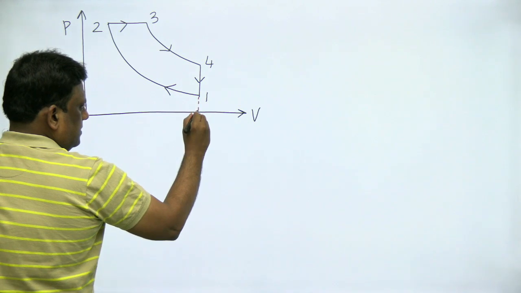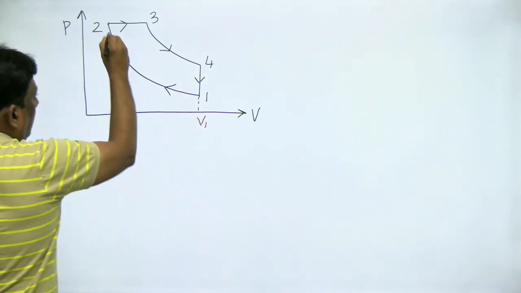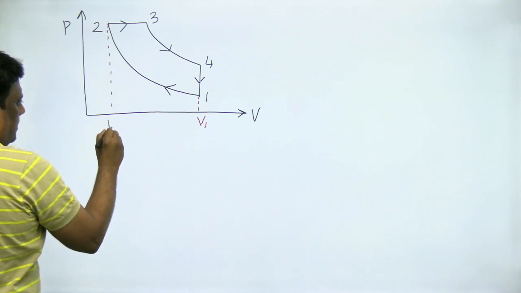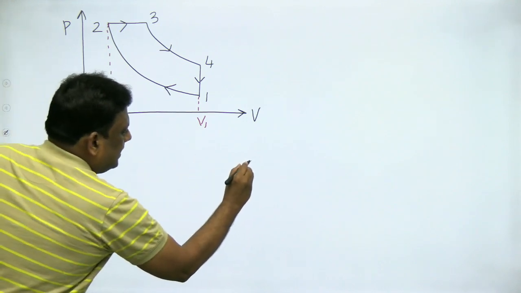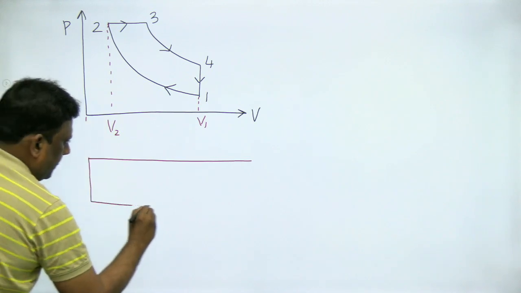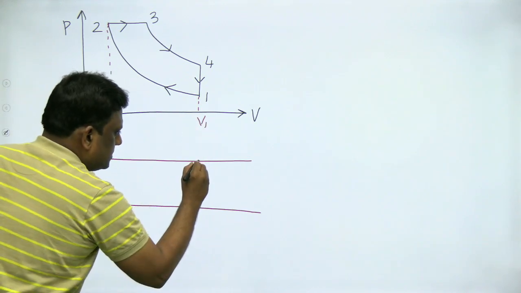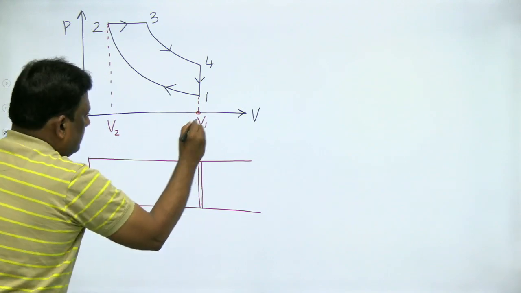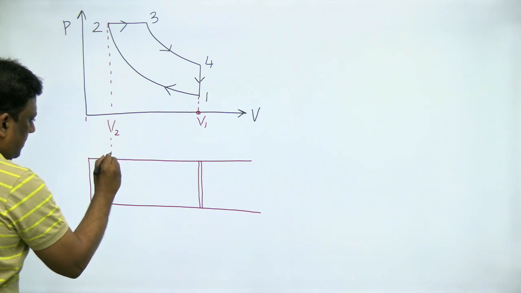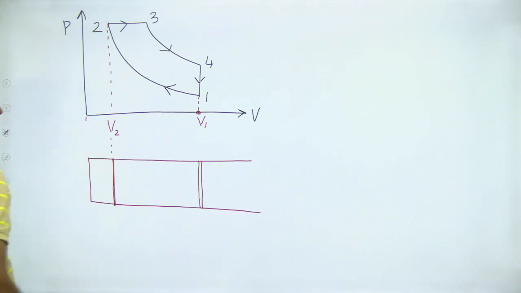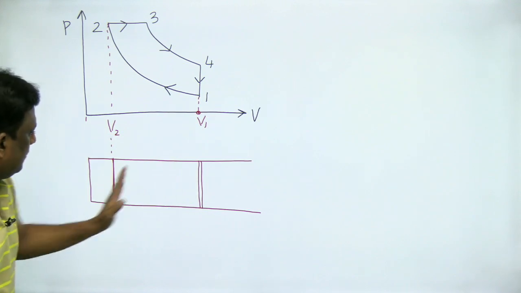This is V1 and this is V2. Okay, let us see this in terms of our cylinder dimensions. This is our V1 and this is our V2. Okay. This is the swept volume.